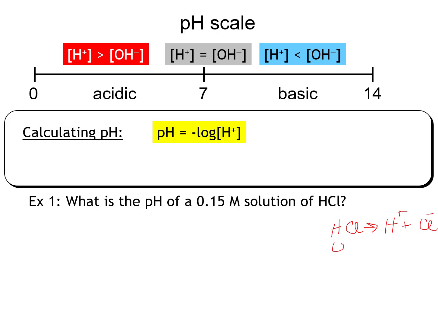So if this one is 0.15, that means the hydrogen ions are also 0.15 molar. So we're just going to do negative log of 0.15.